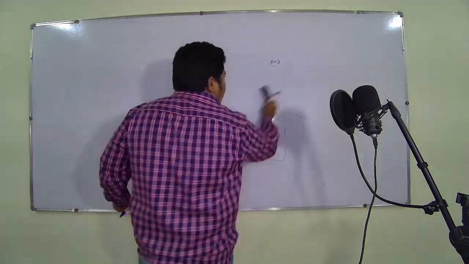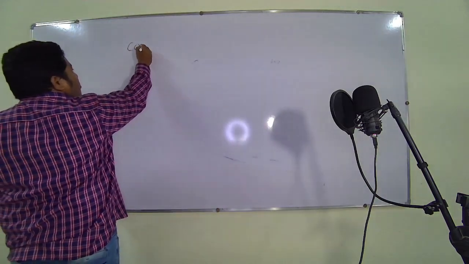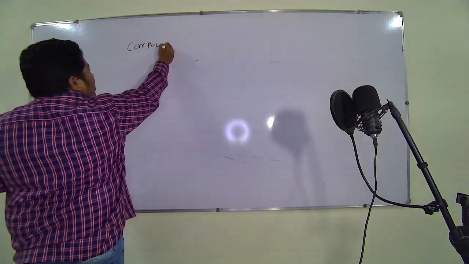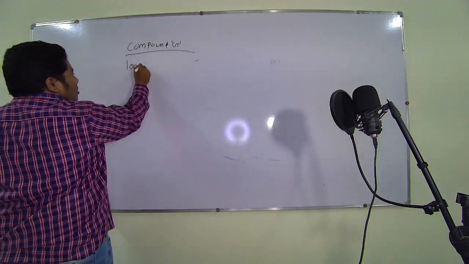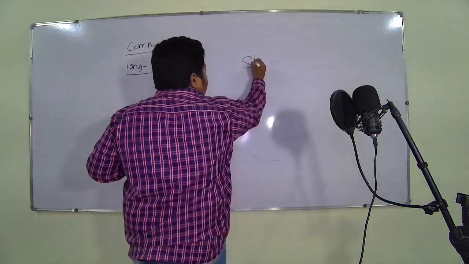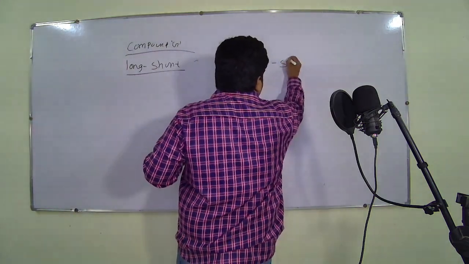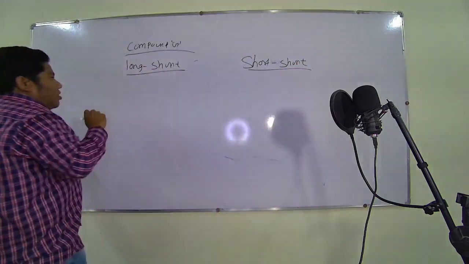We will draw two diagrams simultaneously. Compound generator is again divided into two types as we have seen: long shunt and short shunt.